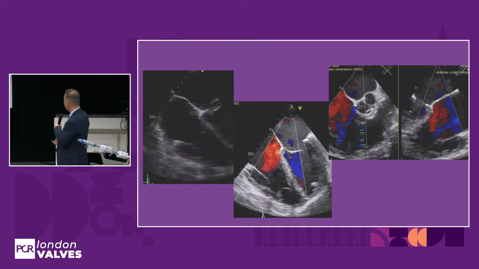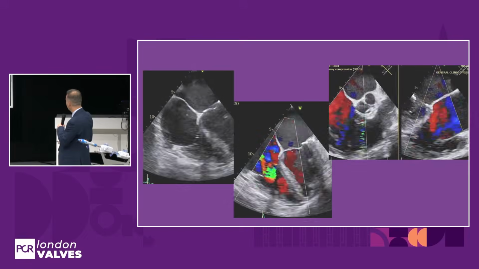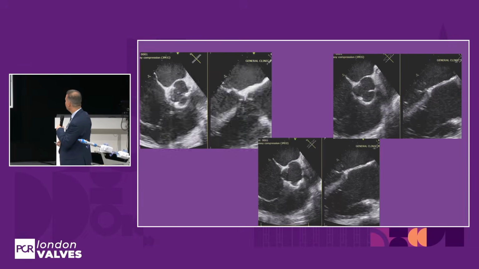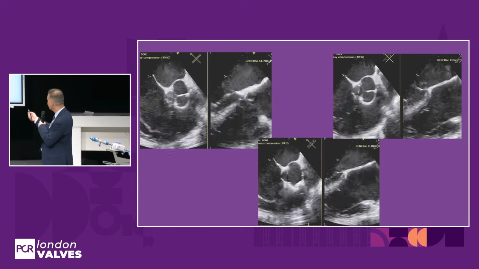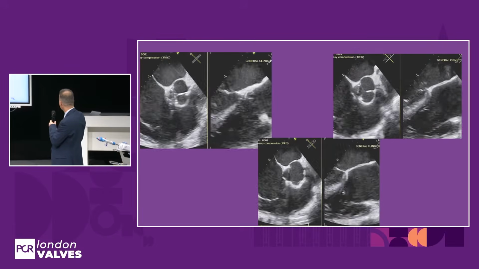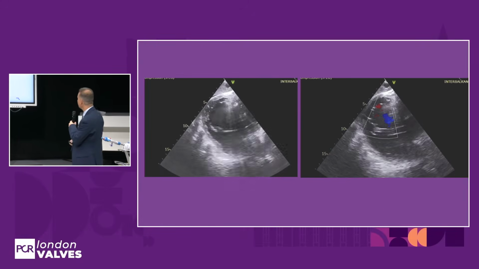And you can see now the anatomy. There's certainly a lot of TR. And the RV looks okay. And this is profiling the valve from anterior to posterior. You can see now dilated annulus, some tenting of the leaflets. Coaptation is impaired. And this is the transgastric view.